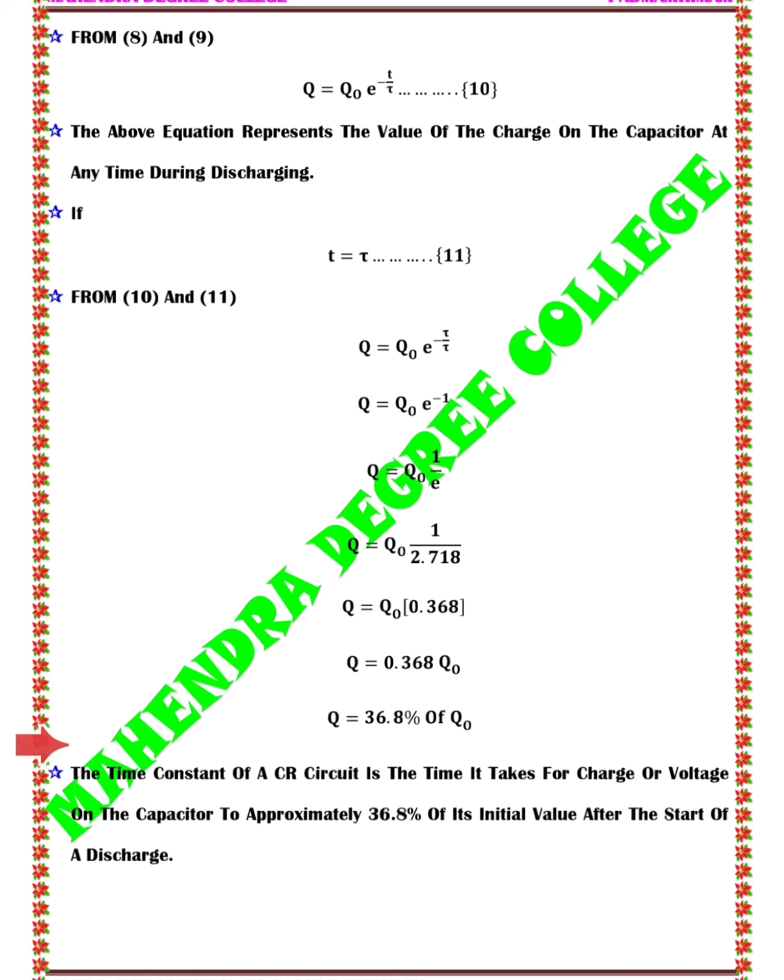The time constant of an RC circuit is the time it takes for the charge or voltage on the capacitor to decrease to approximately 36.8% of its initial value after the start of a discharge.